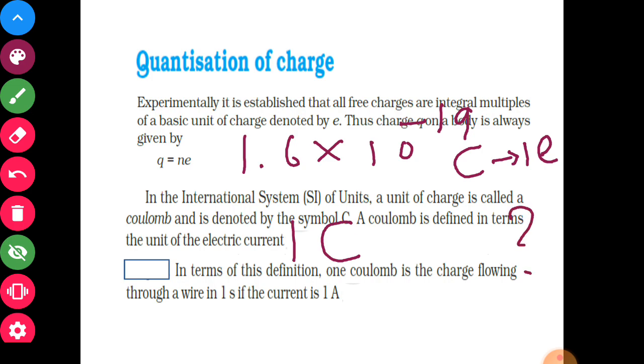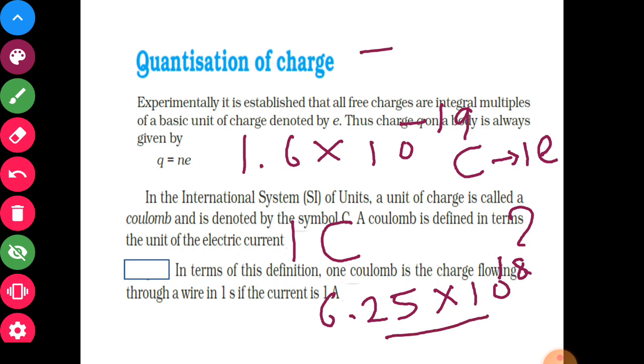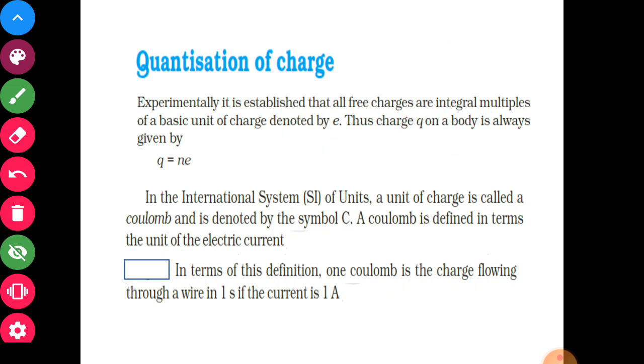If you simplify, then you will get 6.25 × 10^18 electrons. So these many electrons, if they are combined together, then they will produce -1 coulomb charge. Okay, minus sign stands for electrons. If there is a positive charge, then we write +1 coulomb.